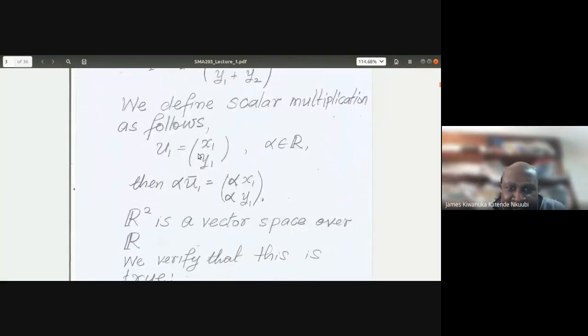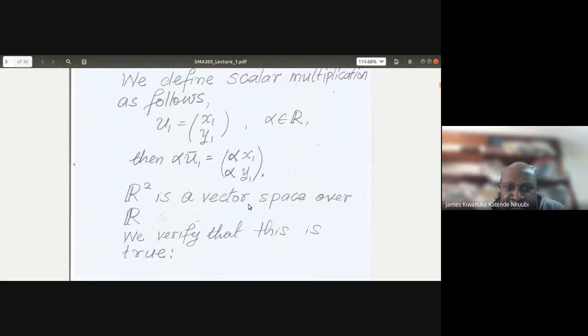If you pick a vector in R2 and multiply it by a number or a scalar, you still get another vector in R2. So we now have vector addition and scalar multiplication properly defined, and we need to check that all the other properties are satisfied.